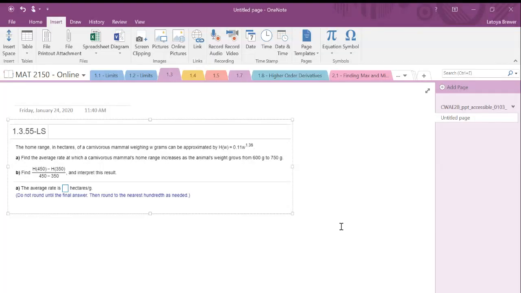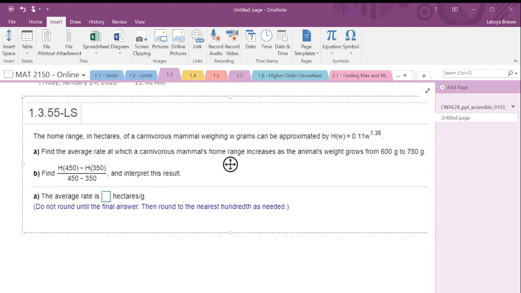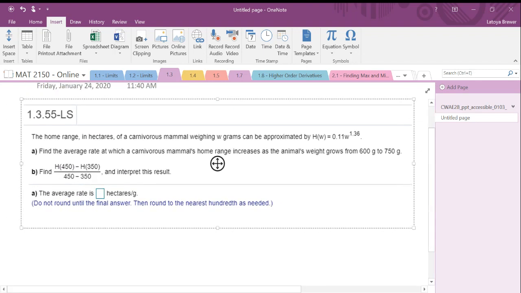All right, guys, somebody sent an email asking about this question on the chapter 1, lesson 3 homework. So we're going to take time and go over this together. I know we've been discussing finding the derivative and what the derivative means and all of that good stuff.